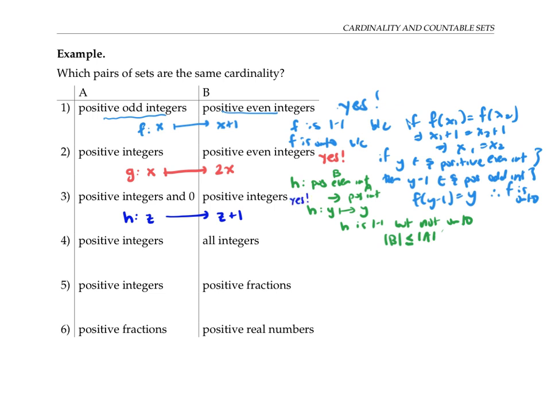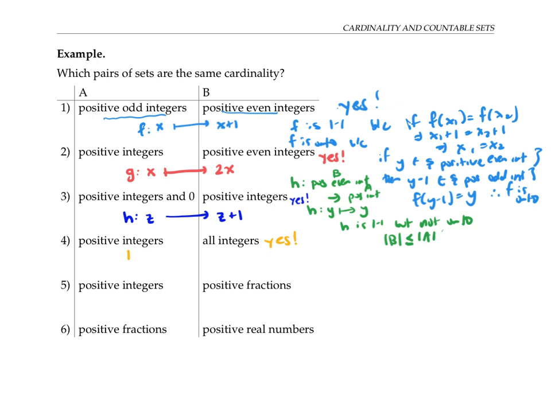Things get even weirder from here. Turns out the set of positive integers and the set of all integers also have the same cardinality. Even though the positive integers is in some sense infinite only in one direction, and all integers is in some sense infinite in two directions. Here's an example of a bijection.